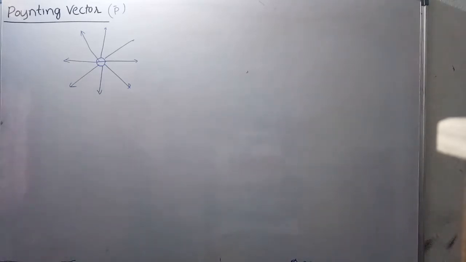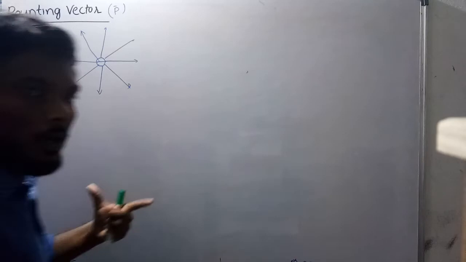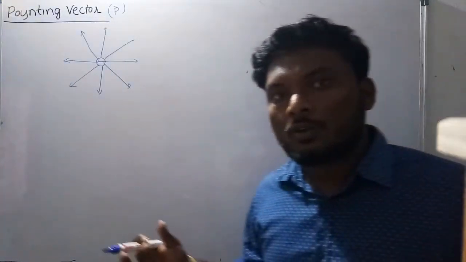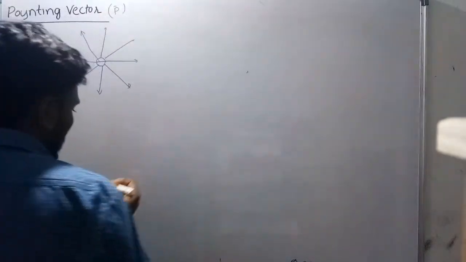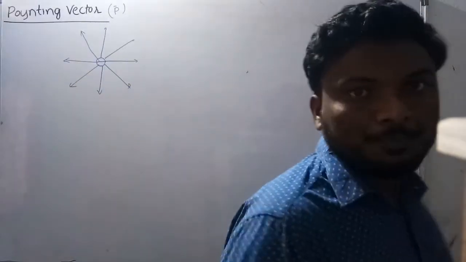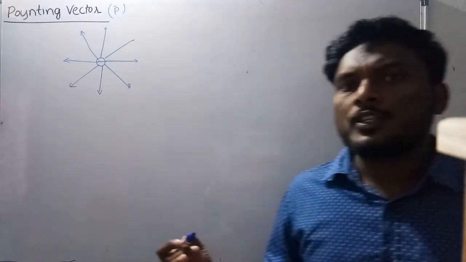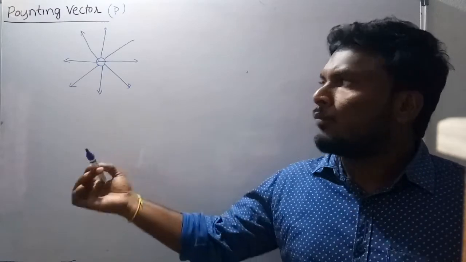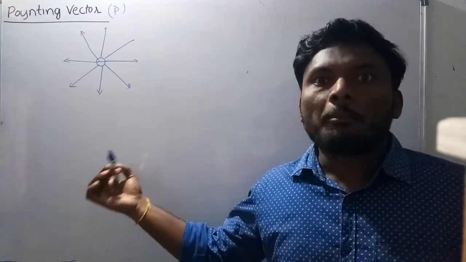Now similarly, as the purpose of the conductor is to carry the flow of electrons from one end to another end, that flow of electrons constitutes the current. We already know the Oersted experiment: according to it, there is a relation between electricity and magnetism. That means a moving charge constitutes a magnetic field.